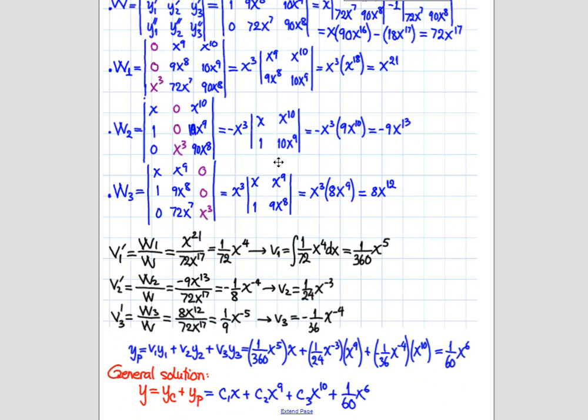The derivatives by Cramer's rule, and then we integrate, we have the V's, and then the particular solution is V1 Y1, V2 Y2, and V3 Y3, and we have that. The general solution is the complementary solution plus the particular solution. And that's what we have.